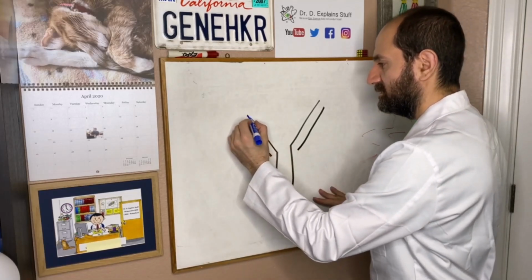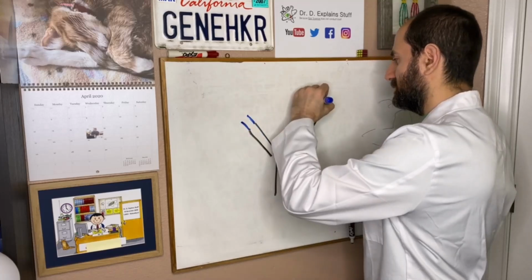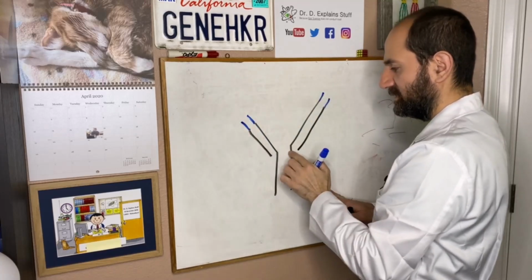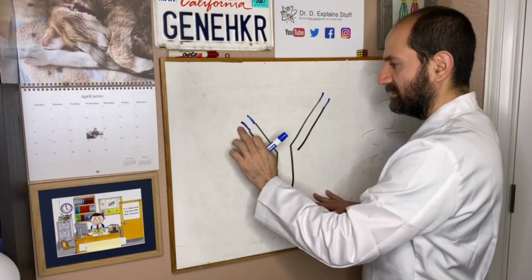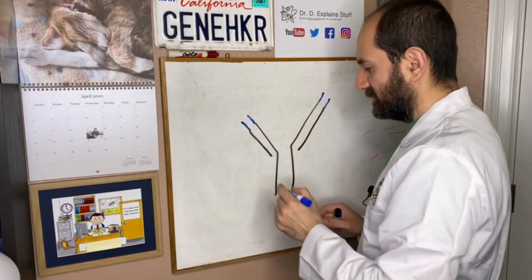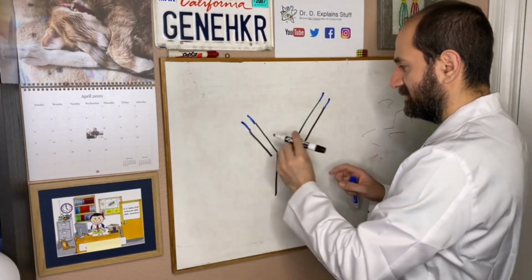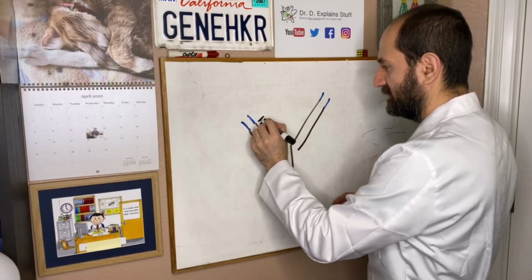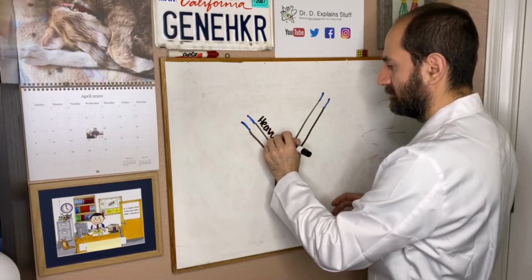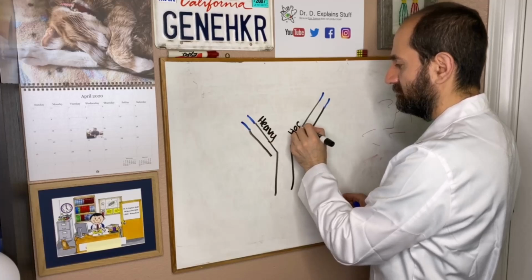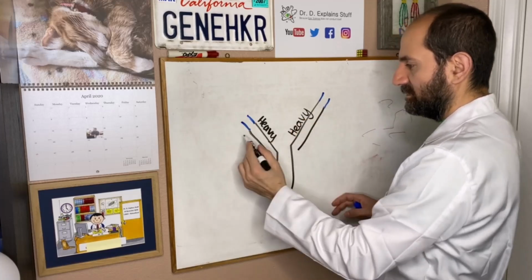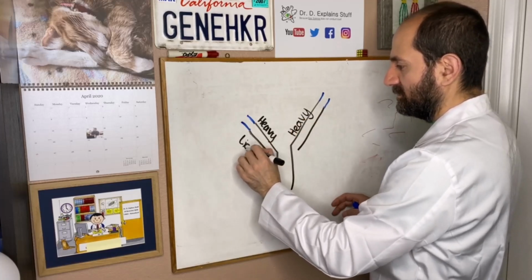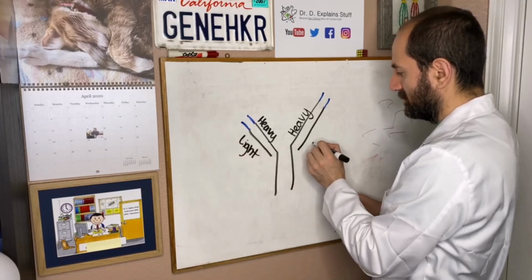And at the tips, you have what's called the variable region. So the heavy chains have a variable region, and the light chains have a variable region. The longer ones are the heavy chains. And the smaller ones are the light chains, because they're smaller.